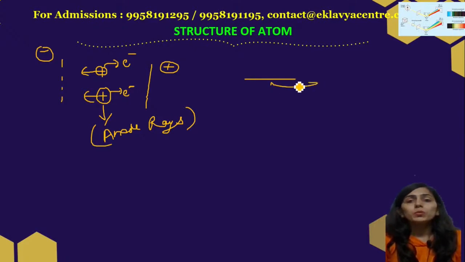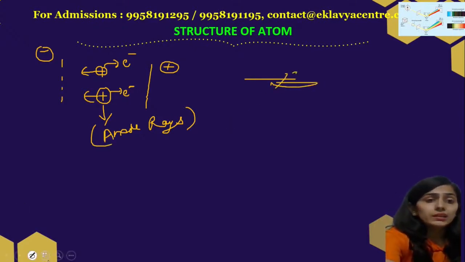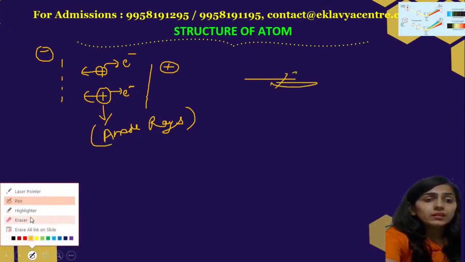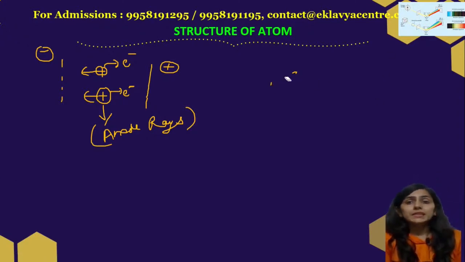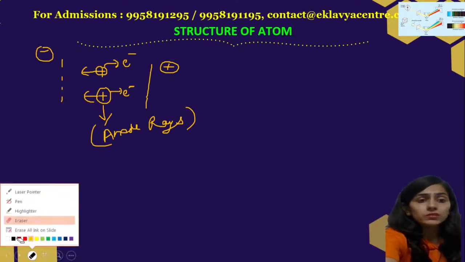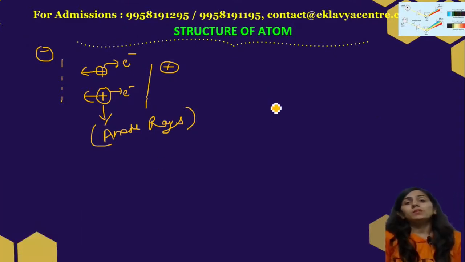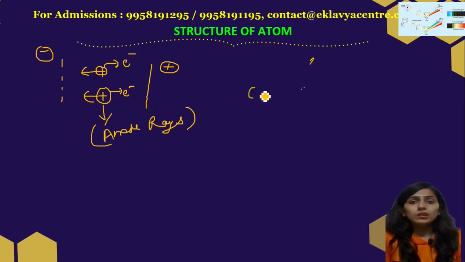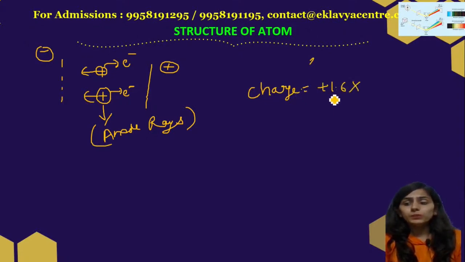Until this time, proton was not discovered. Only the electron was discovered, and they also did this experiment considering Dalton's theory that the atom is electrically neutral. If positive charge is present, then there must be negative charge. And nobody knew that there were some neutrons also present in an atom. Now if we talk about the charge on the proton, the proton charge is 1.6 times 10 to the power minus 19 coulomb.